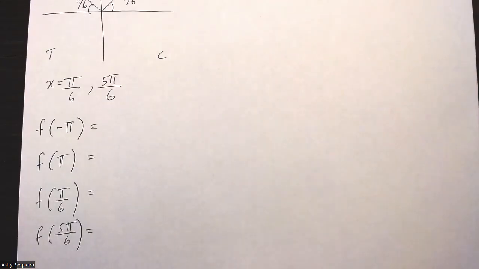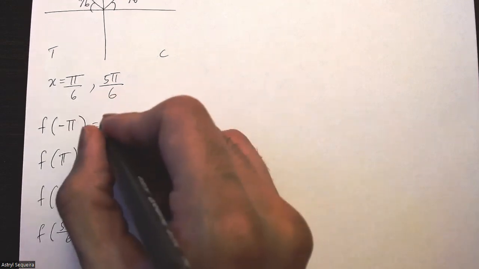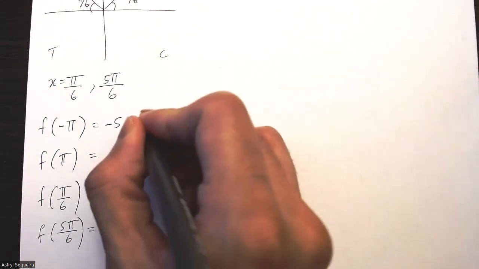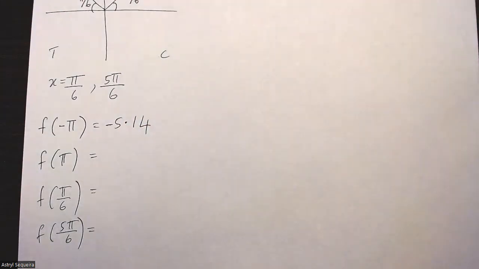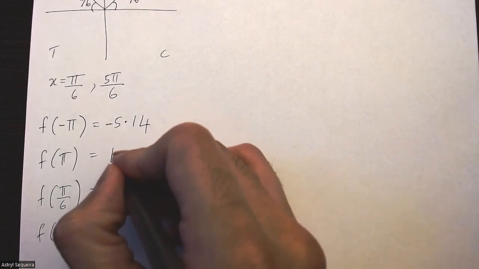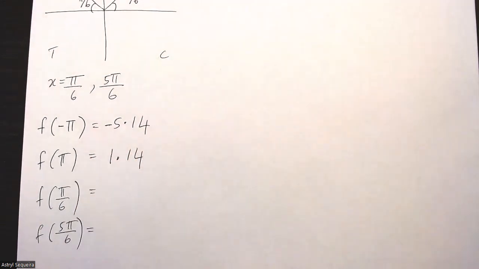So I'm going to do this in my calculator. Negative pi plus 2 cos negative pi is negative 5.14. Then I'll try positive pi, which is 1.14.